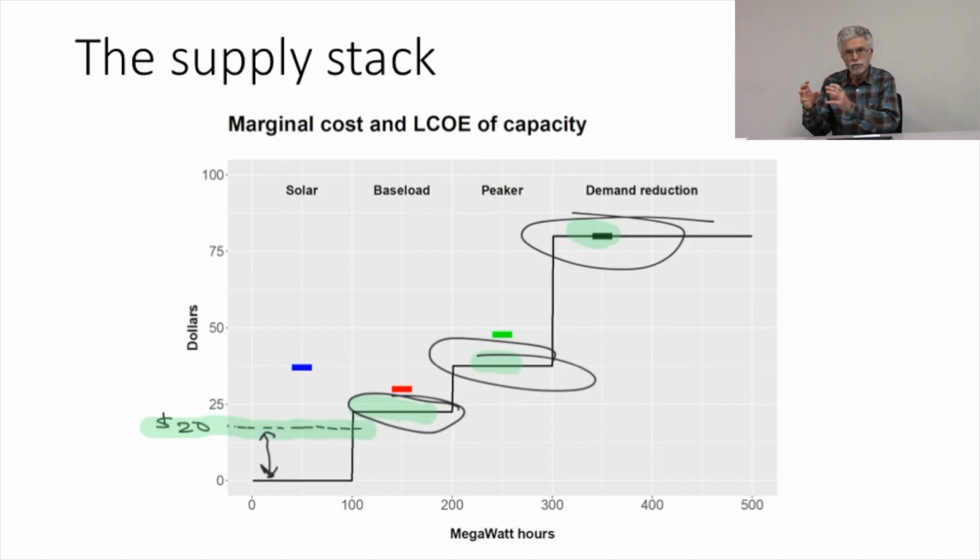The set of marginal costs of generation we call the supply stack. If you allocate your generation according to the marginal cost of generating the next units of electricity, that's going to make the most money from your portfolio.